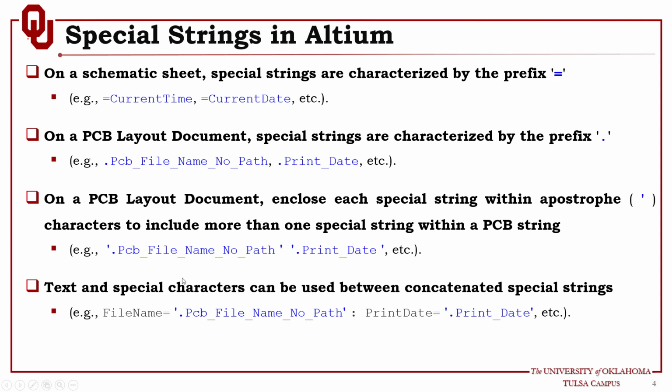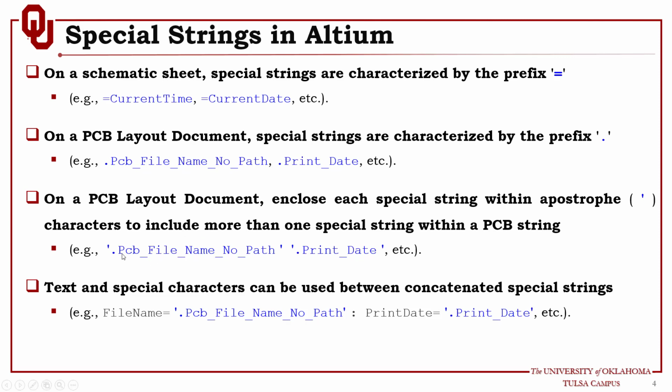Now, if you want to include more than one special string within a PCB string, and the PCB layout string allows for that, you can have multiple special strings within a single PCB string. All that you need to do is to use the apostrophe character for that.